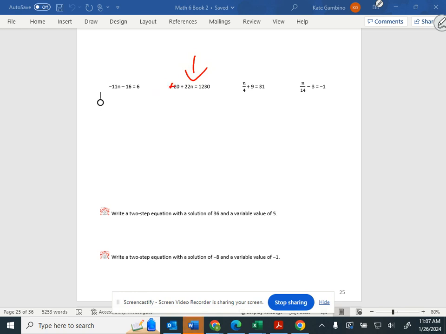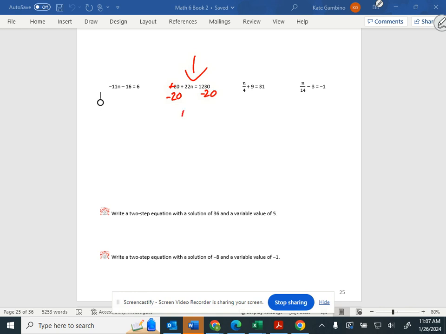We just don't show it. So what's the opposite of plus 20, Sawyer? Minus 20. So your first step cannot have the variable with it. So that means we subtract the 20 because we want to keep the variable on this side.